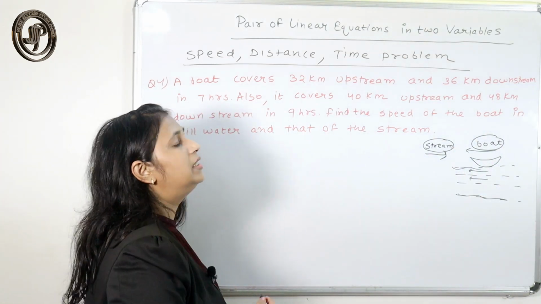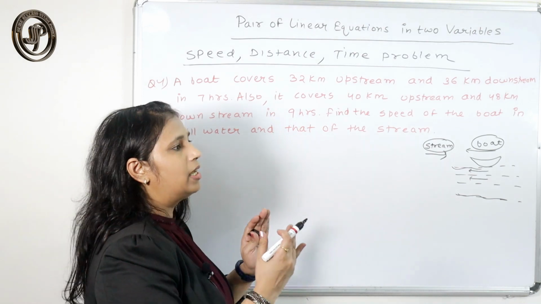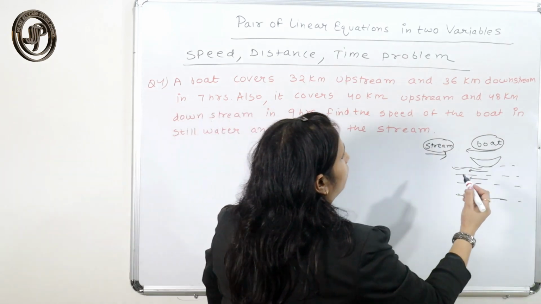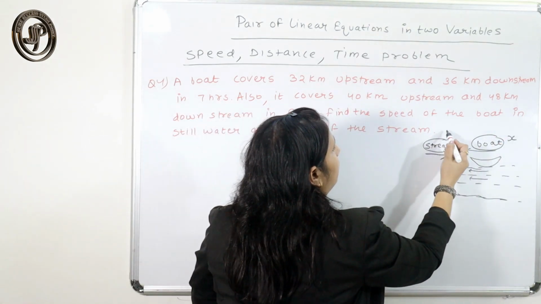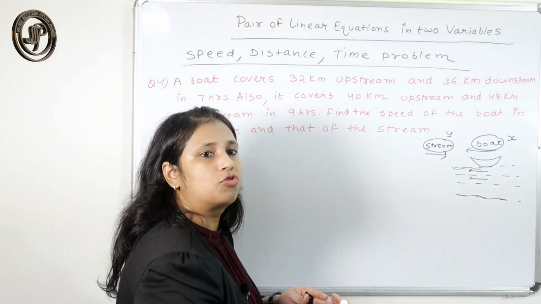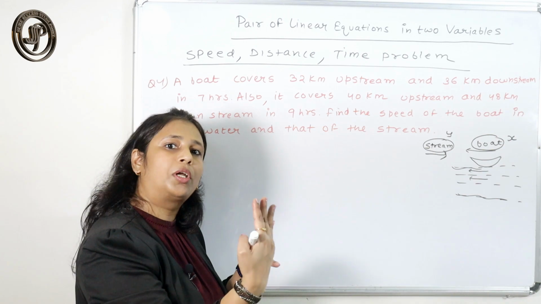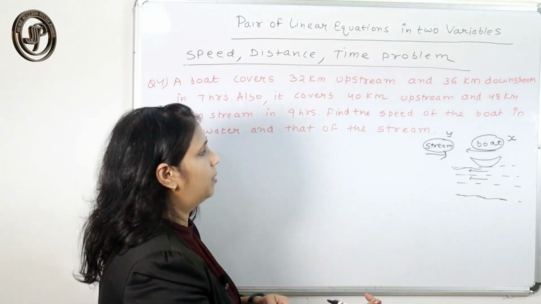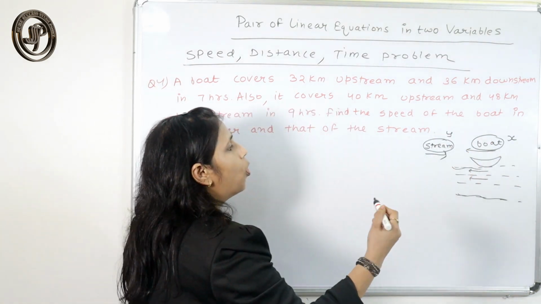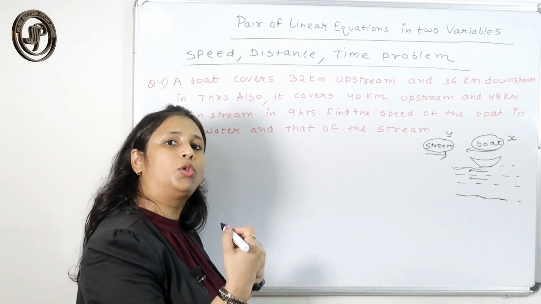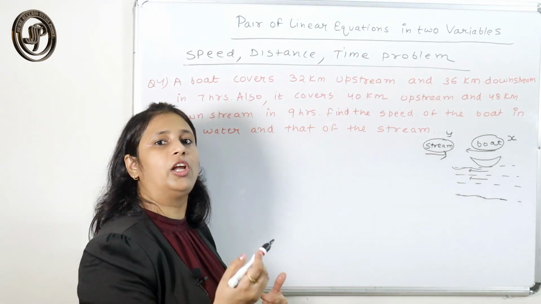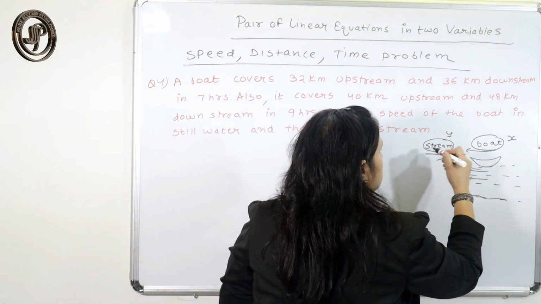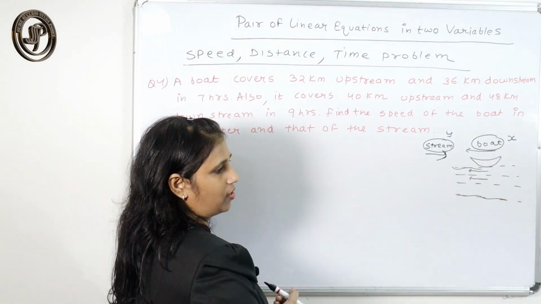In this case the net velocity of the boat slightly decreases. So if the boat speed is x and the stream speed is y, then in upstream, against the stream, the net speed will be x minus y. That will happen in upstream, when the stream comes in the opposite direction of the boat.